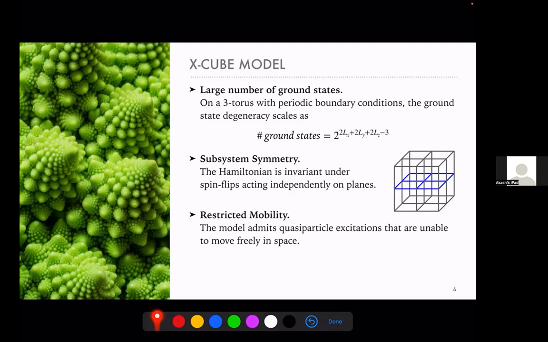Part of the reason why this is the case is that this theory has a very peculiar subsystem symmetry. The subsystem symmetry is given by essentially taking any particular plane in this cubic lattice, let's say this one, which I have denoted by blue, and flipping the spins in that entire plane.